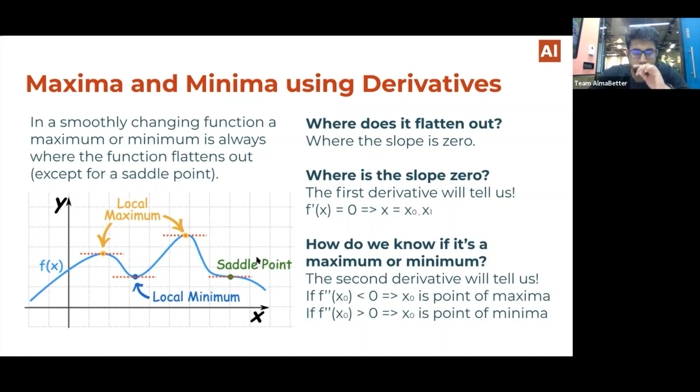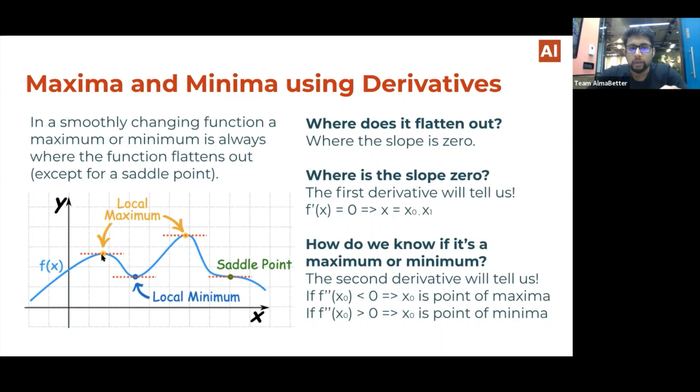If this value is -1 and this is, let's say, +10, then from -1 to +10, if this is the only domain of this function f(x), this point is the global maximum, whereas this point is the local maximum. Both of these are local maxima, because in this locality, this is the maximum value.